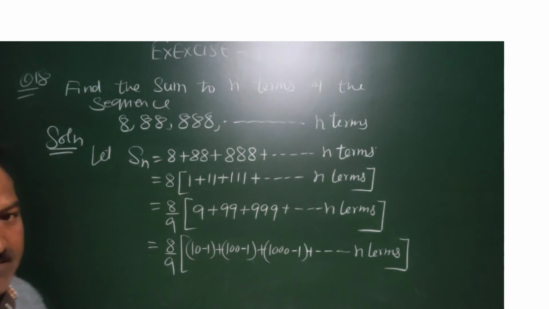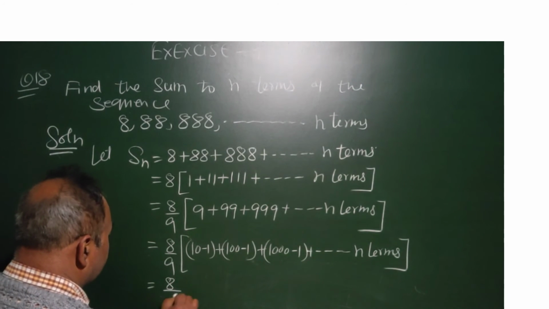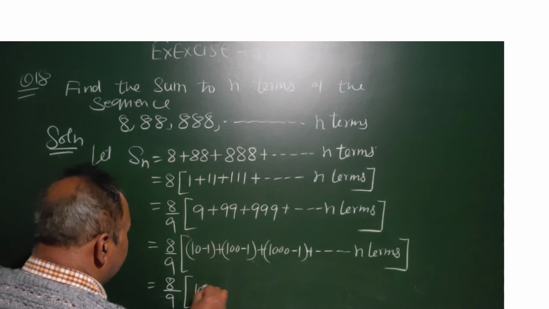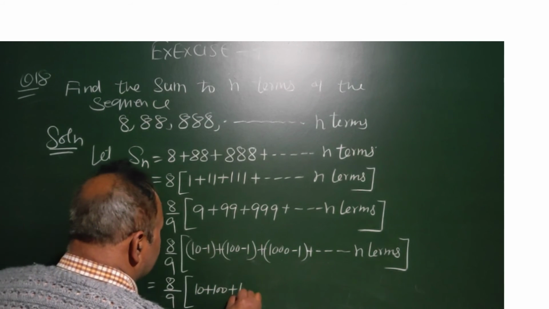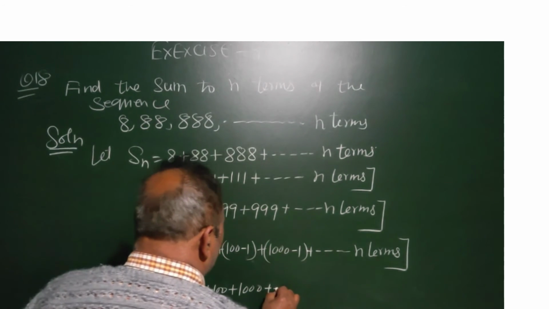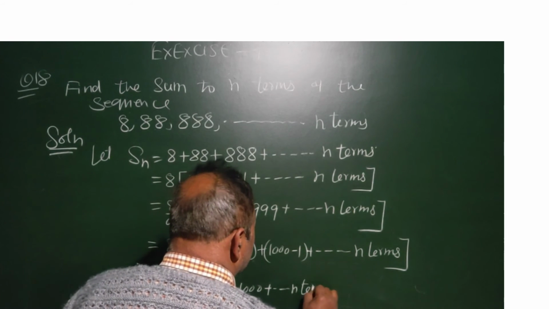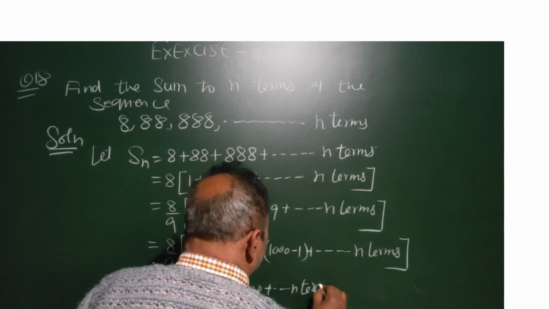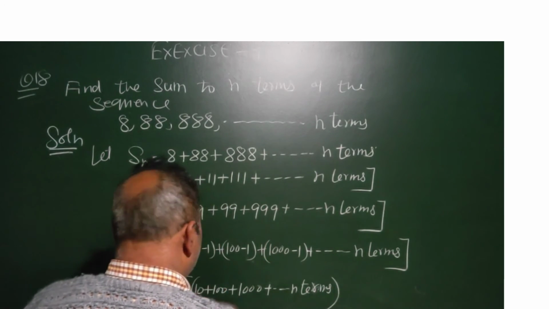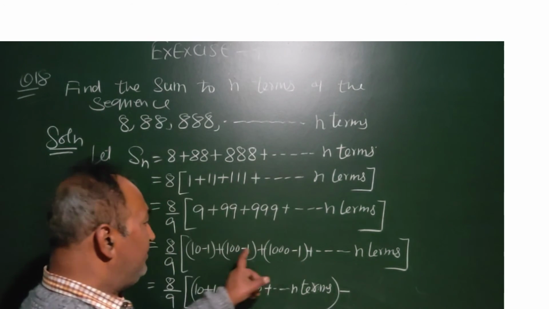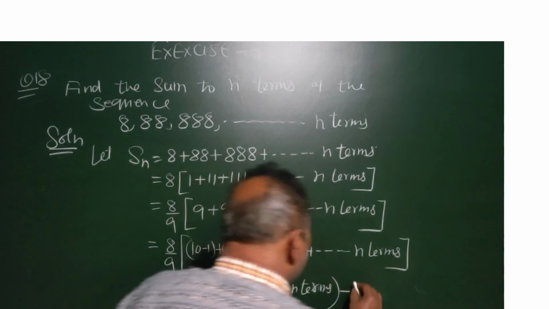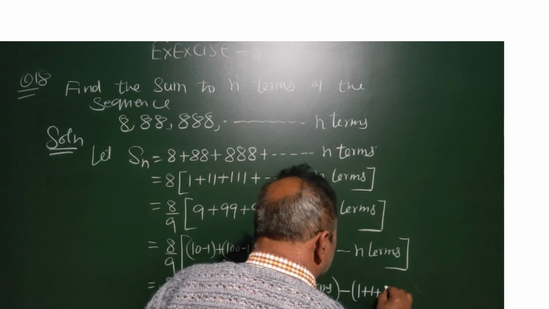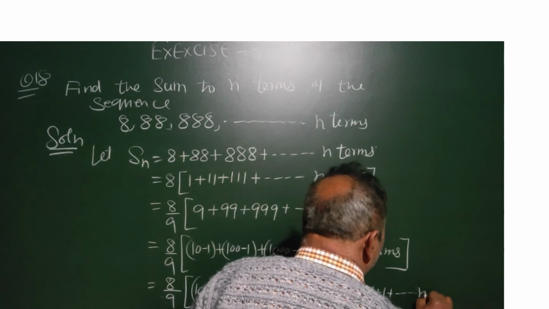Splitting these into 2 series, we get 8 upon 9 into 10 plus 100 plus 1000 plus dot up to n terms, minus 1 plus 1 plus 1 plus and so on up to n terms, taking minus common.